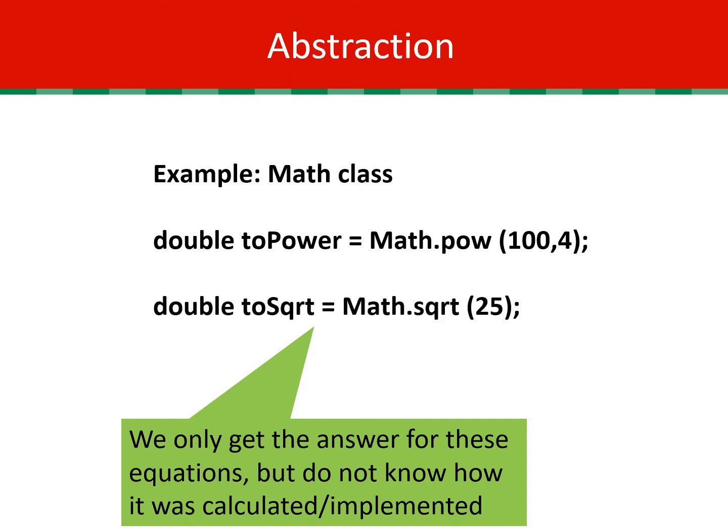Okay, for example, I think you've been using this before, maths.pow, which is to get the power. You simply use maths.pow and then you put whatever value here, and then you get the results. You don't really know what's happening in this method pow in the maths library, right? So that is the concept of abstraction.